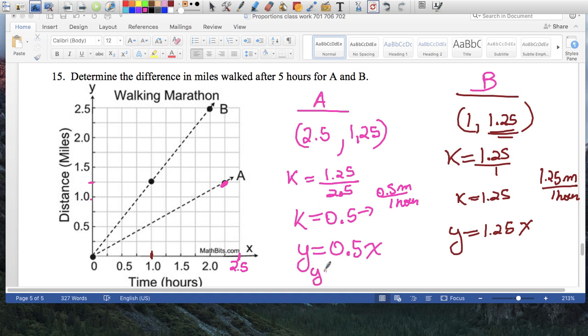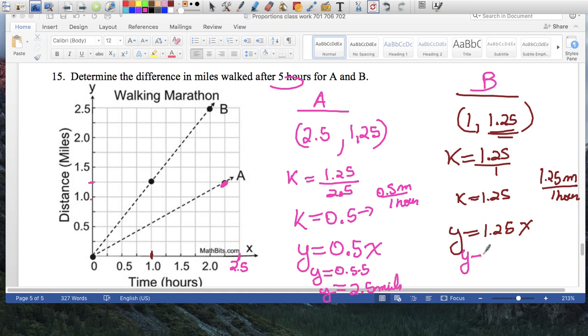For person A, y equals 0.5 times 5. After 5 hours, how far will he go? 0.5 times 5 is just 2.5. So in 5 hours, he's going to walk 2.5 miles.